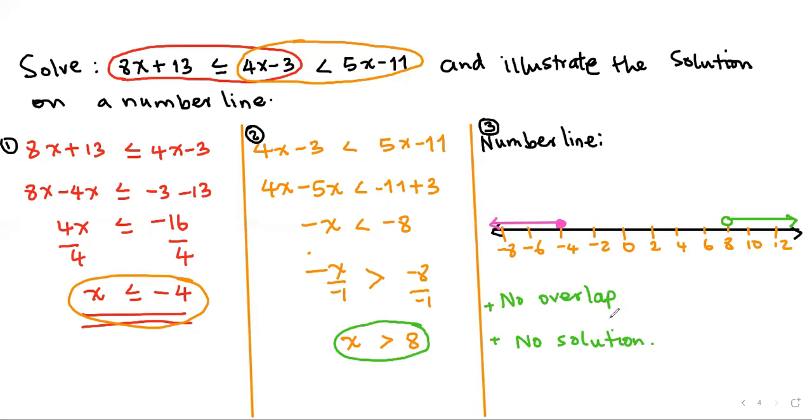So we do not have any number that can make this inequality true and this inequality true. So there is no number that can make both inequalities true. I hope that is understood.